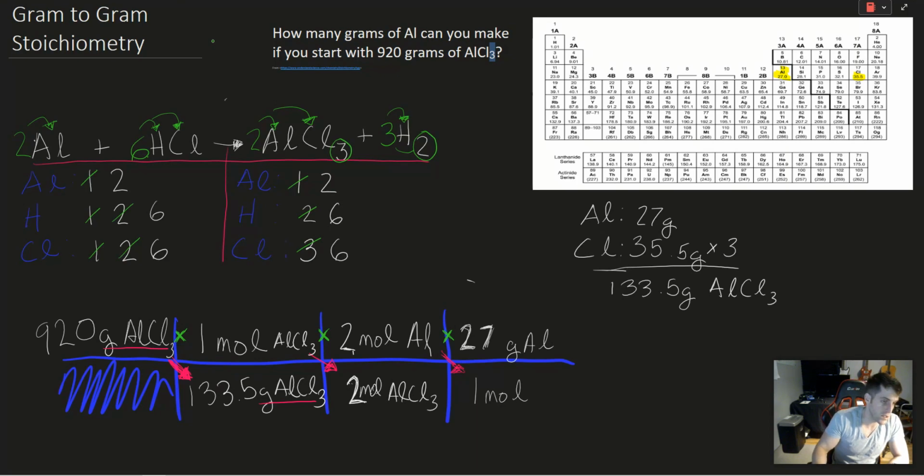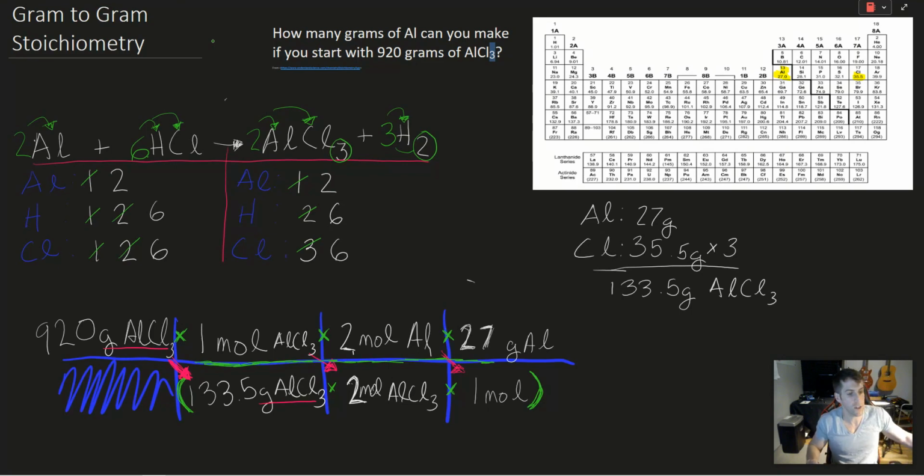I always like to put my next part in parentheses. That's all going to be divided by parentheses 133.5 times 2 times 1. Of course, that is not strictly necessary. All of this is going to be divided by everything on the bottom.